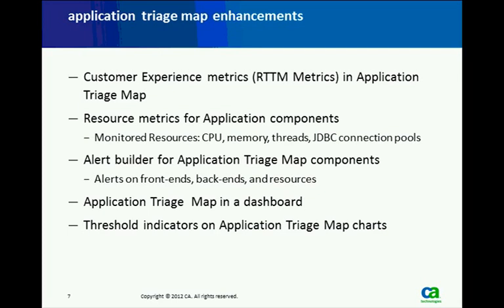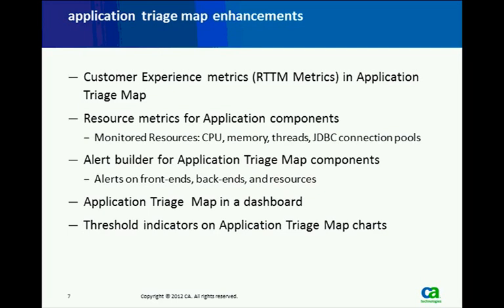Similarly, when we look at the software components, the front ends that the transactions traverse within the stack, we're also now tying in key sets of resource metrics, and these are listed here: the CPU, the memory, the thread pool metrics, and the JDBC connection pool metrics.